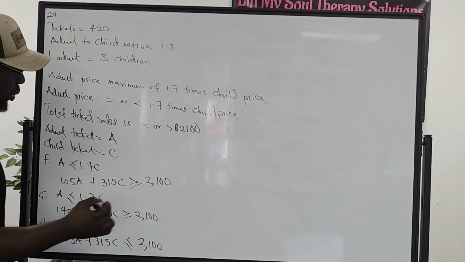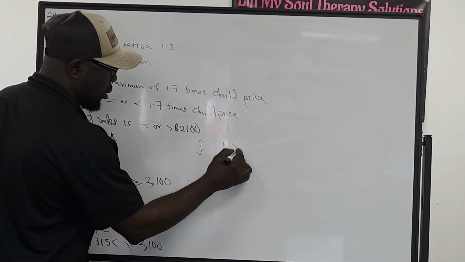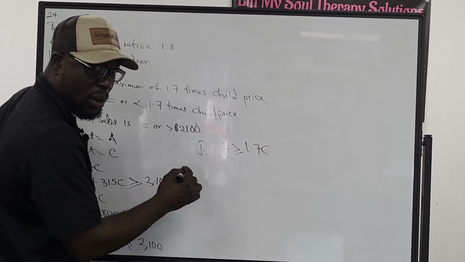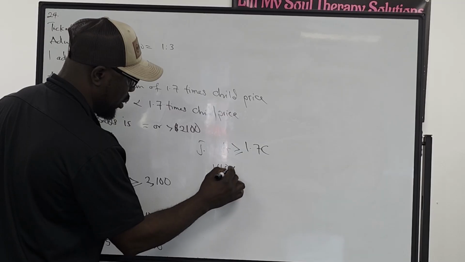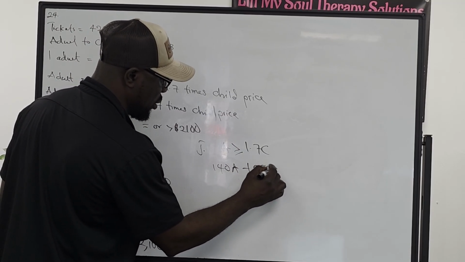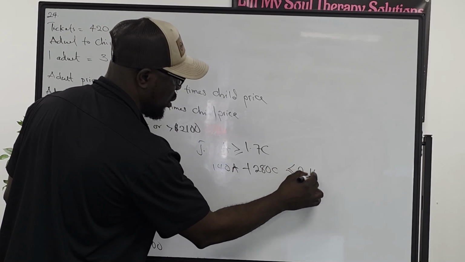And option J is A less than or equal to 1.7C, and we have 140A plus 280C is less than or equal to 2100.